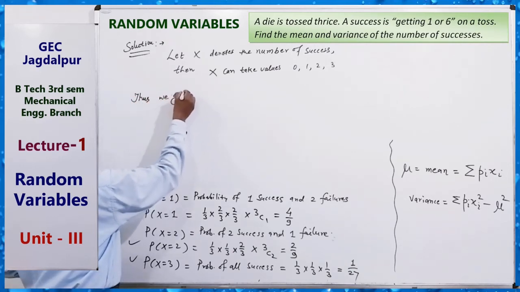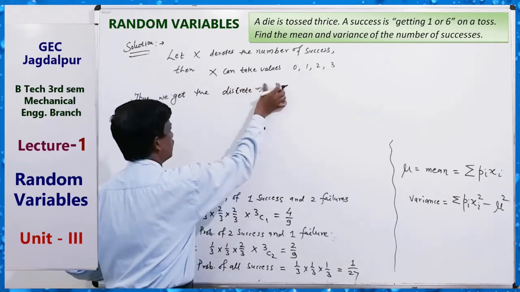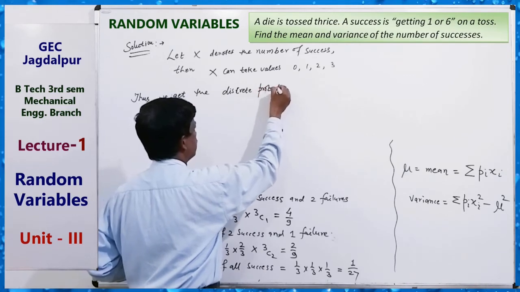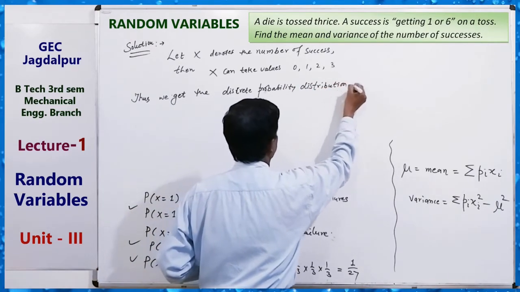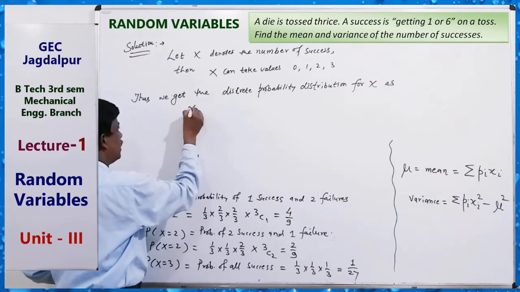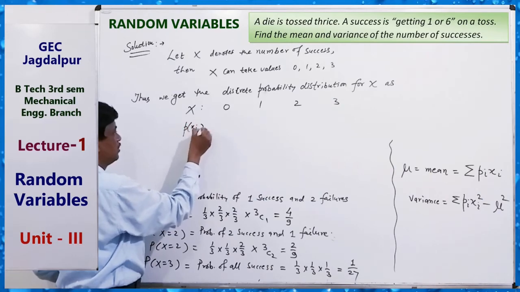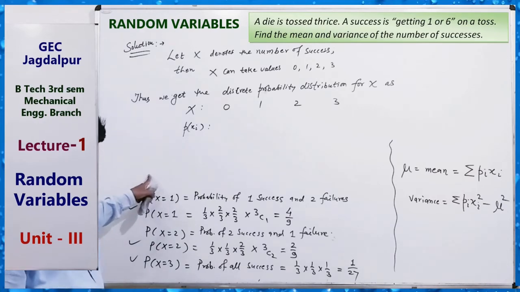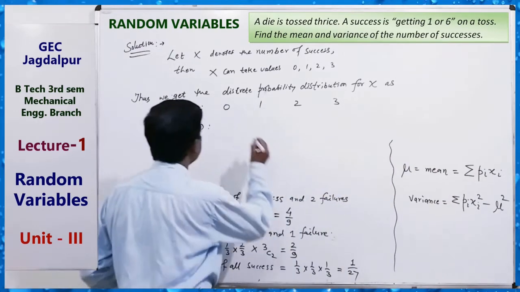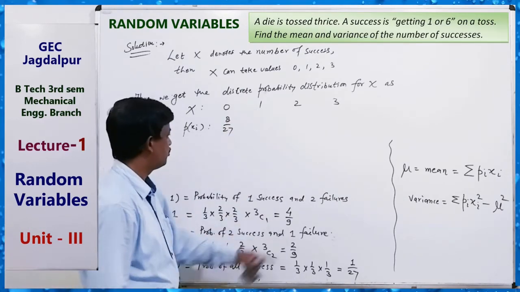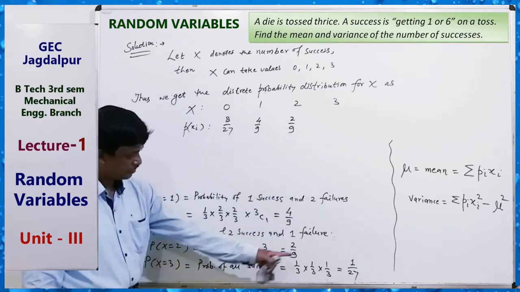Thus we get the discrete probability distribution for x as x equals 0, 1, 2, 3 and P(x) corresponding to 0 is 8 by 27, to 1 is 4 by 9, to 2 is 2 by 9, and to 3 is 1 by 27.